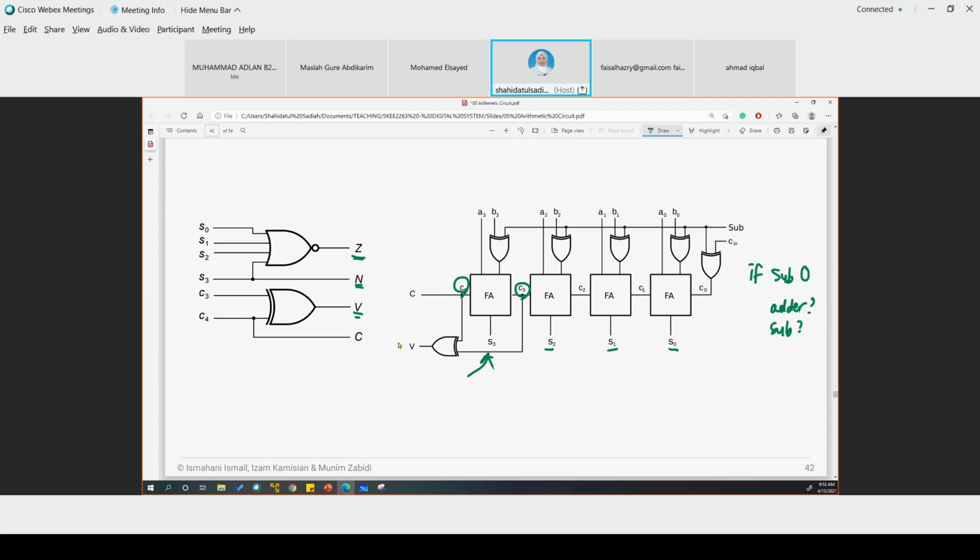So to define whether it is sub or add, we must make sure C0 here is 1 to get subtraction, right? So we can draw the truth table of sub and C-in: 0, 0, 1, 1. This is XOR, so 0, 1, 1, 0.